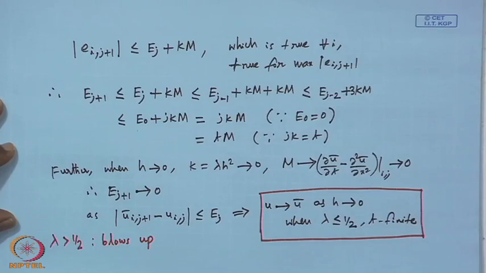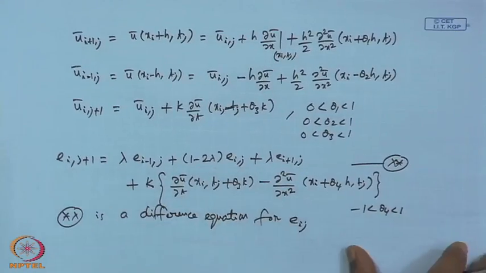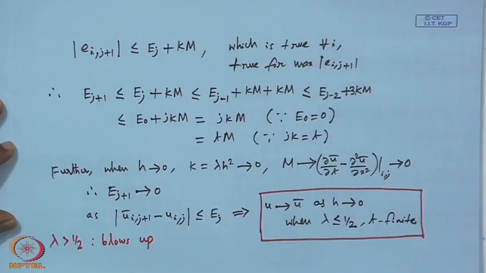You can verify. So, in this case it is conditionally stable, that means the error is not growing only in this range. This is called conditional stability.